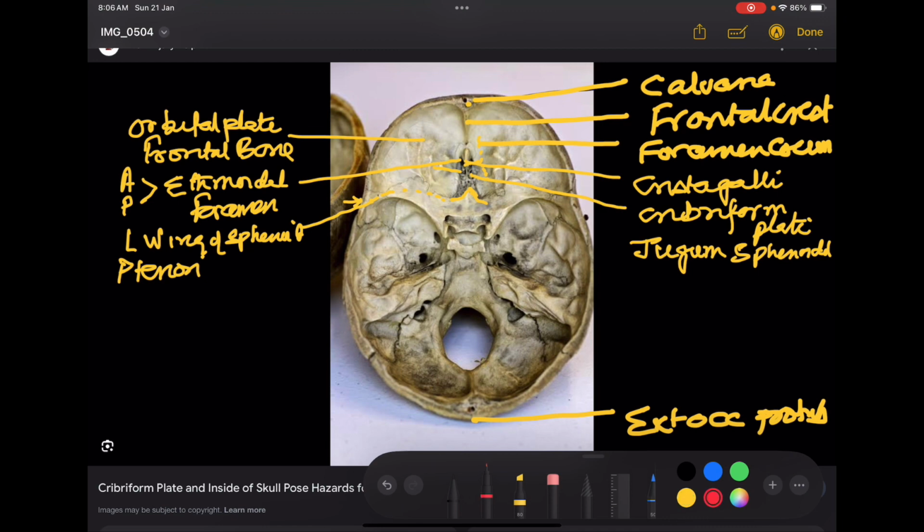Behind the jugum, this wing-shaped structure ends in processes which are called the anterior clinoid process. Medial to the processes is the optic foramen.